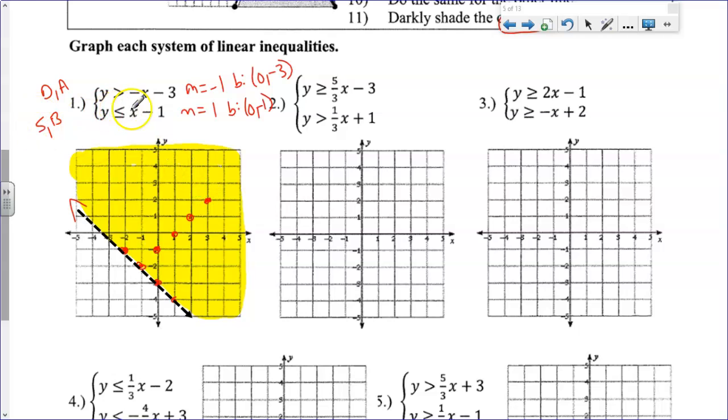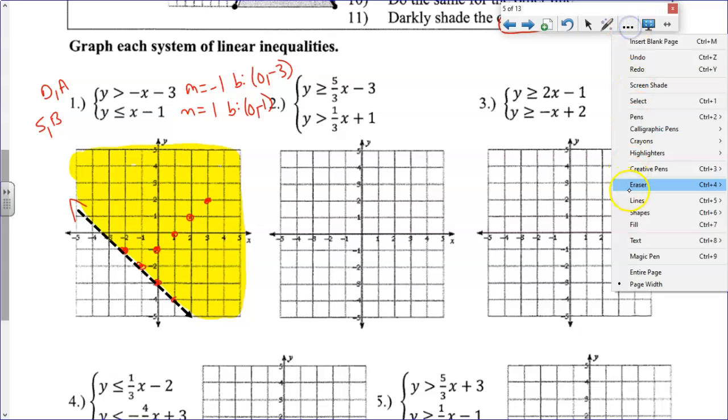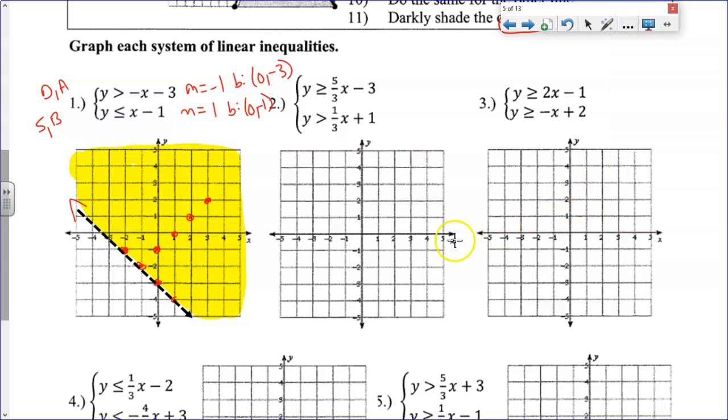Okay, so this is a solid line. So when we draw this one, it's going to be a solid line. And then it's less than, so less than is below the line.